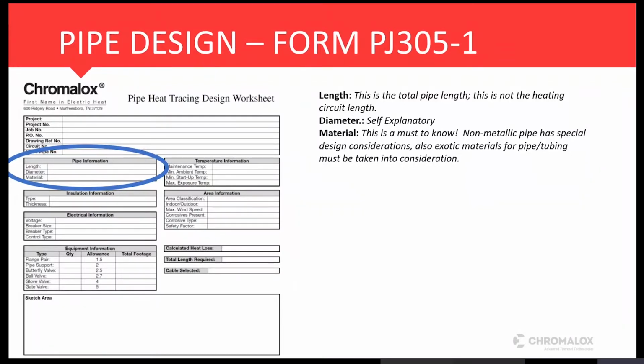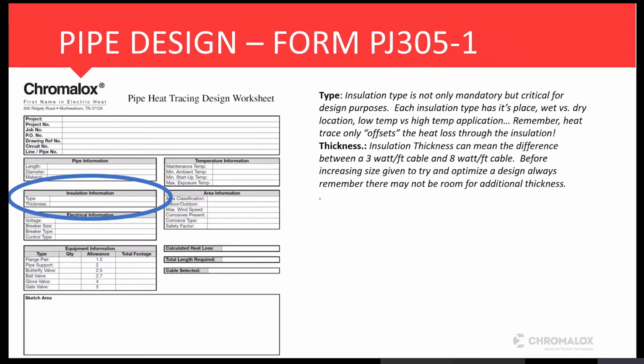Insulation. Nothing is more critical on a heat trace system than insulation. So the insulation type is not only mandatory but critical for design. Each insulation, keep in mind, we just can't always assume everything's fiberglass, and we do a lot of that.